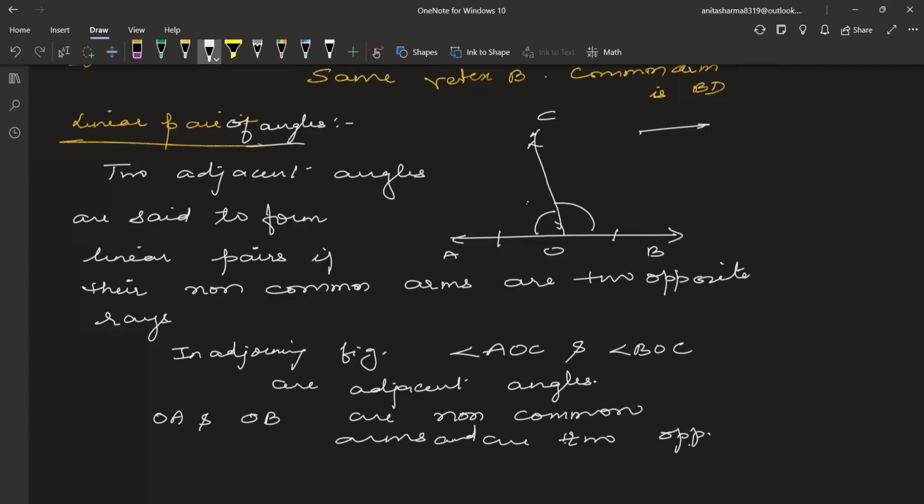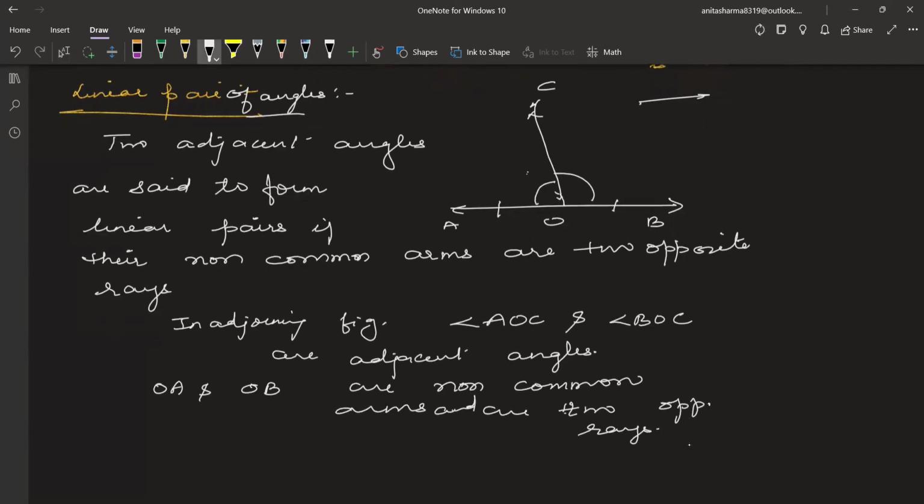Right, beta? And so therefore angle AOB will be a straight line. AOB is a line. So therefore angle AOC and angle BOC form a linear pair. Understood?